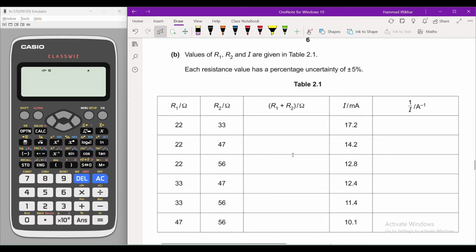Okay, values of R1, R2, and I are given in the table. Each resistance value has a percentage uncertainty of plus minus 5%.